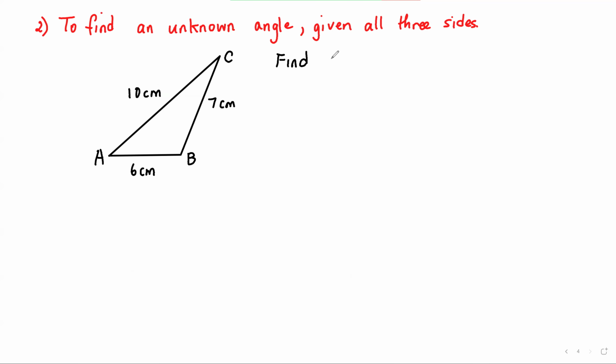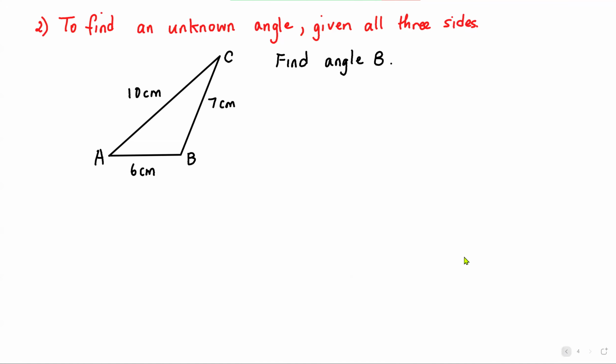Find angle B. Now, you would not be able to use the sine rule in this case because to use the sine rule, you have to have at least an angle. But here, all you have is all three sides. So if I want to find angle B, I would need to use the rule where side B is the subject.